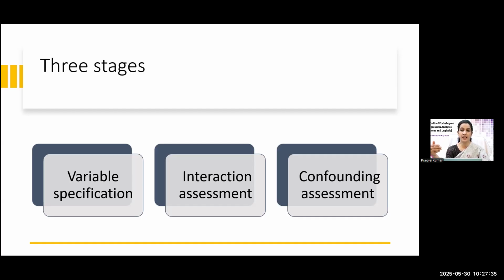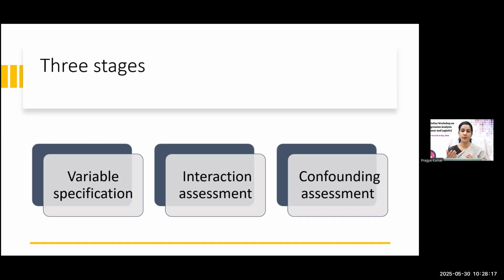So that variable selection, first step, if we talk about the modeling, the first step is the variable specification. So what is variable specification? There we choose, based on the prior literature search, which variables will go into my model, into my predictive model. And there will be exposure and there will be disease. And along with that, there will be a lot of risk factors. And then there are two phenomena which we have learned. One is interaction and the second is confounding.